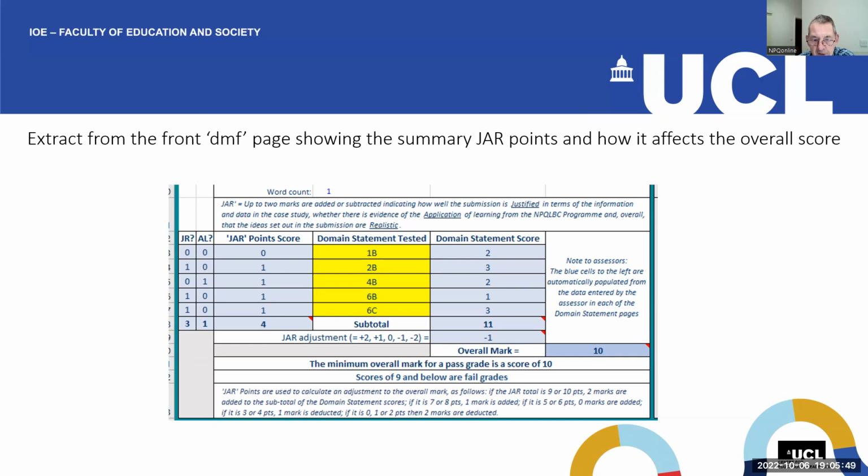In this case, it's 11 minus 1, which gives 10. So that is actually just a pass grade, as opposed to 11, which would have been a really clear pass grade, as we see.